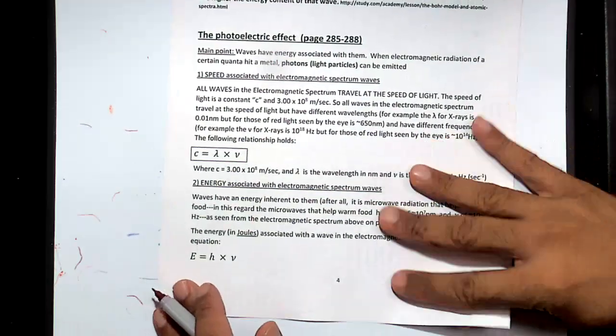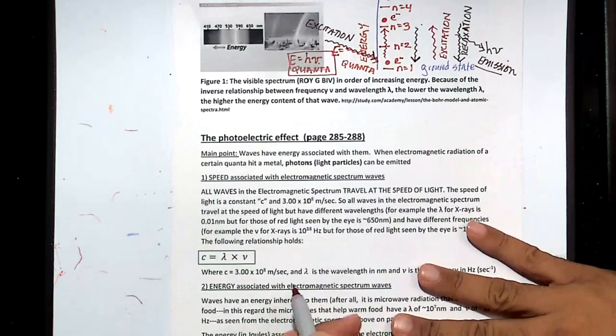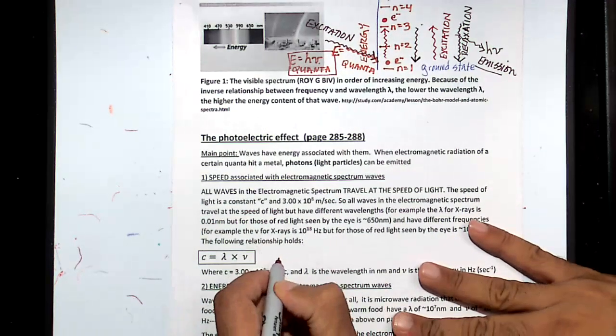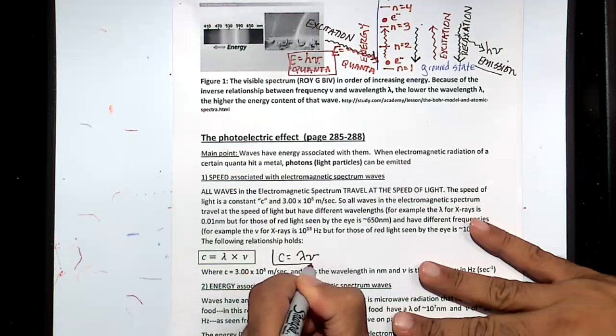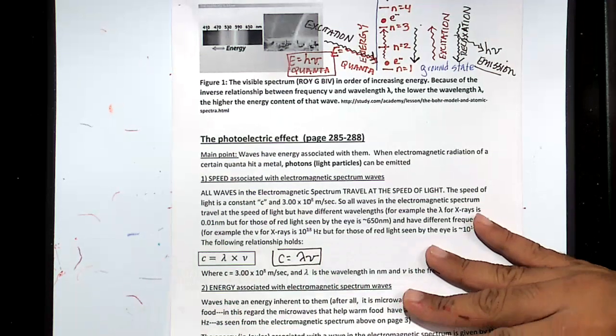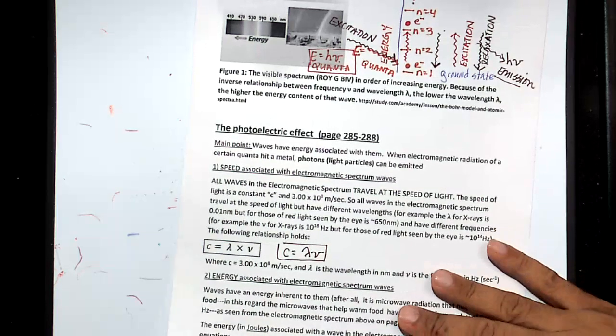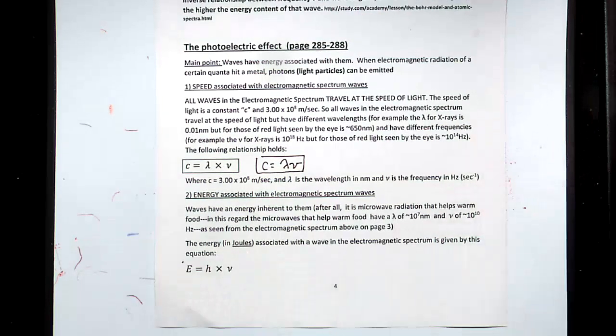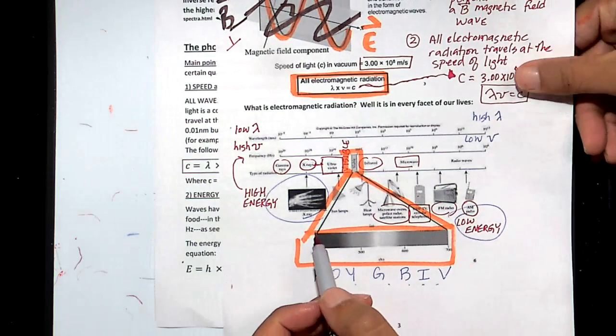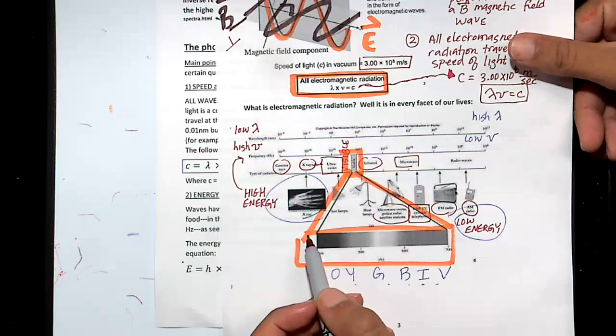I want to tell you a little bit about this equation here. I think I already told you about this. Electromagnetic radiation travels at the speed of light, with a magnetic field wave traveling perpendicular to the electric field wave. All of these have energies. Obviously, if you had an X-ray, you know you had energy.